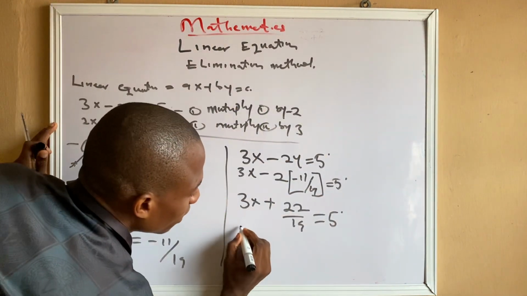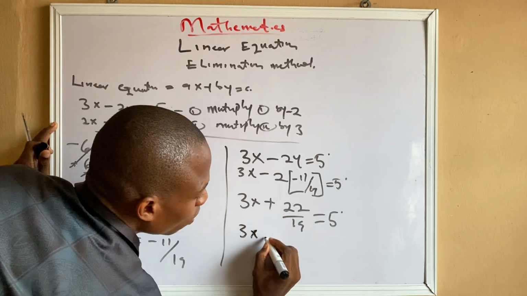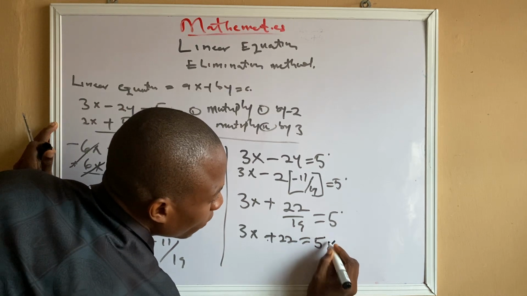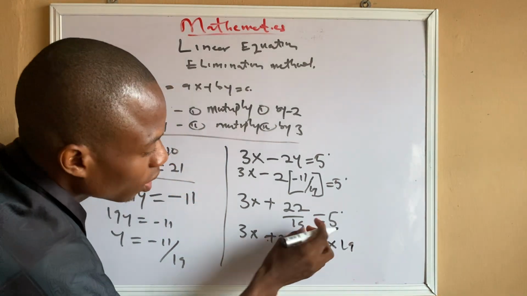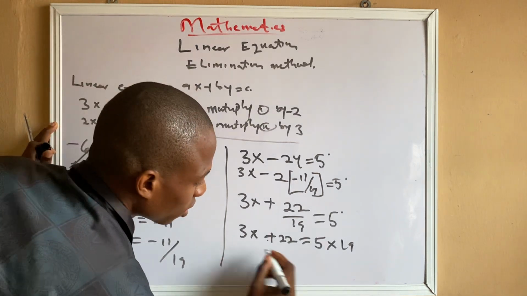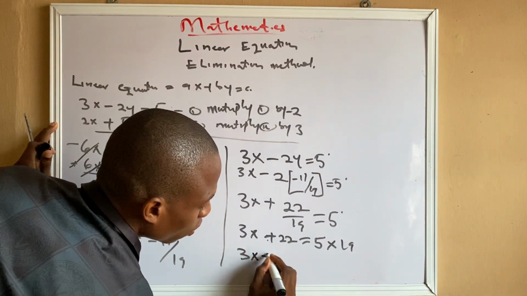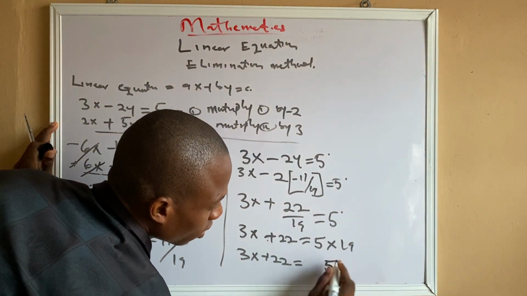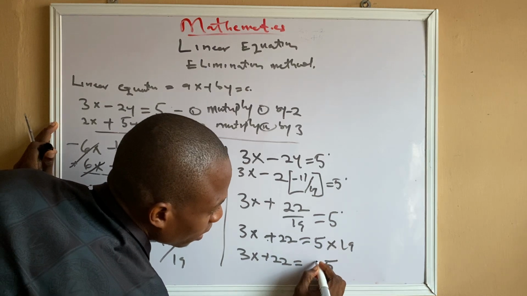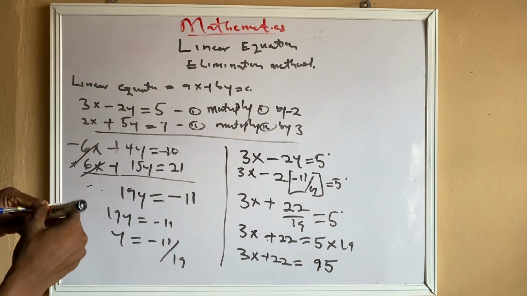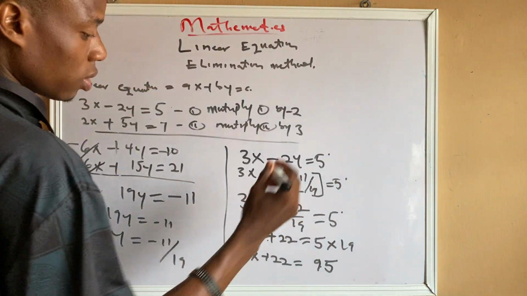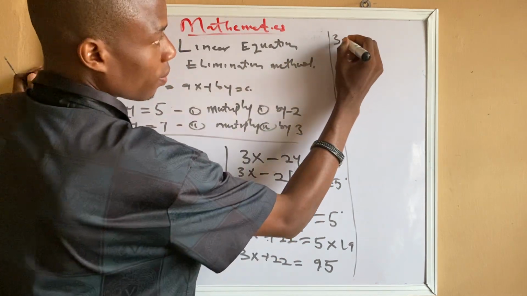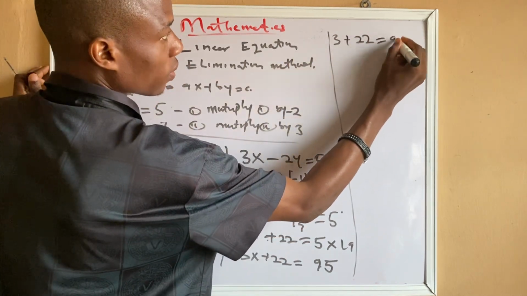You proceed by saying 3x plus 22 is equal to 5 multiplied by 19, because when you have such a similar thing, you have to cross multiply. 5 times 19: 5 times 9 is 45, 5 times 1 is 5, plus 4, 9, so 95. So we have 3x plus 22 is equal to 95.